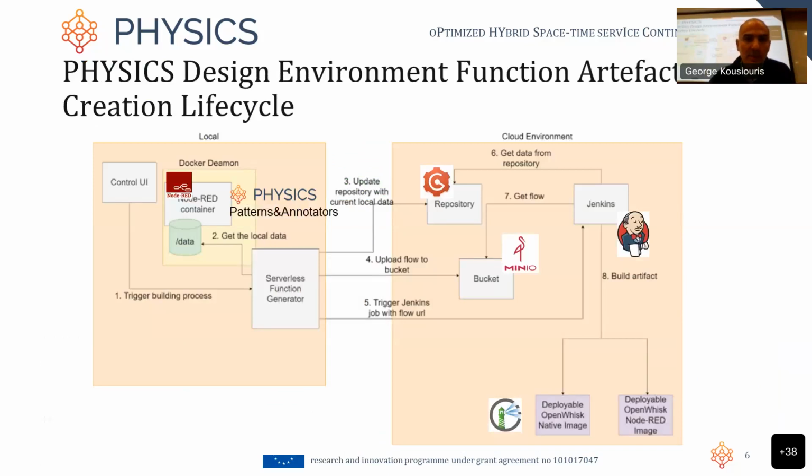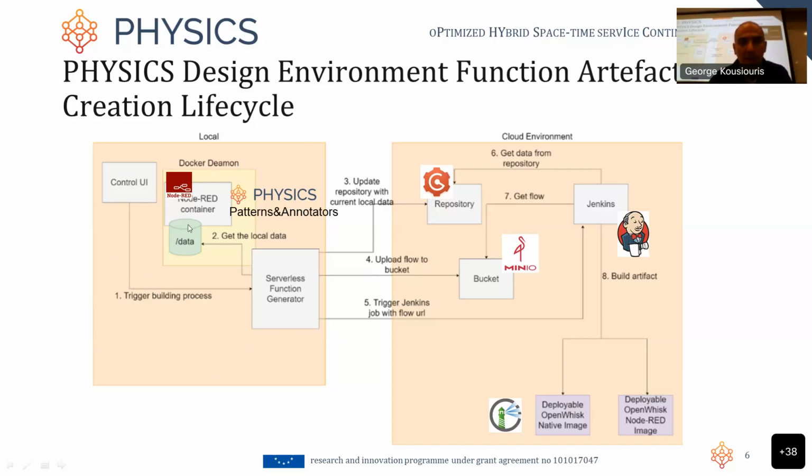In terms of the PHYSICS design environment, the function artifact creation lifecycle comprises two parts. One is the local part, which runs at the developer side. It consists of three different containers that are spawned by a relevant compose file. These containers include initially a web interface through which the developer can control many parts of the process.